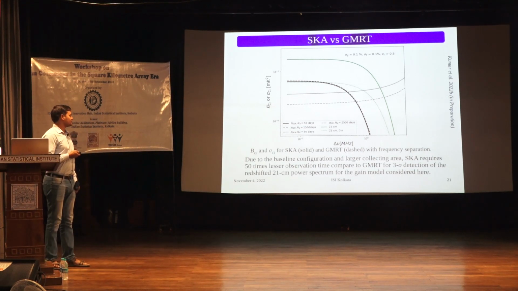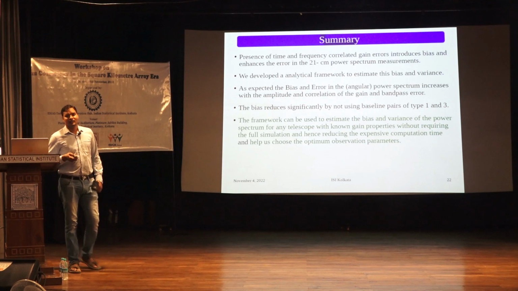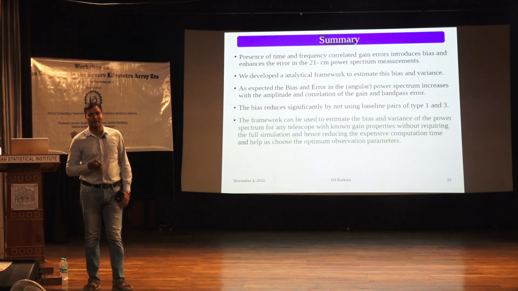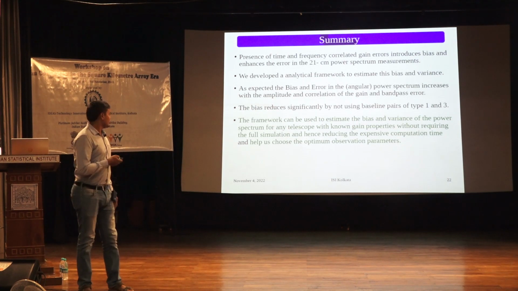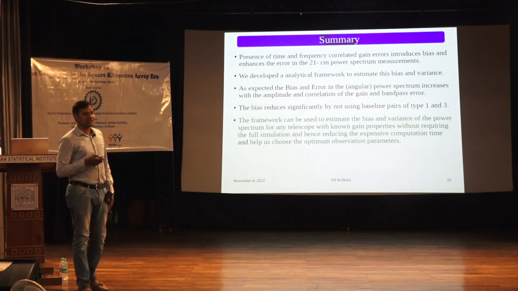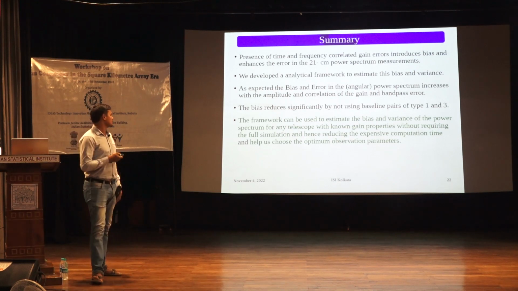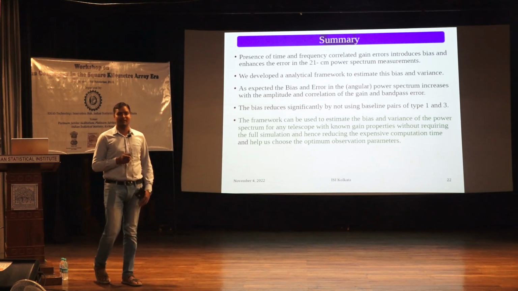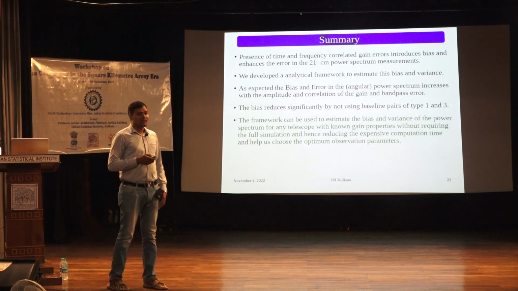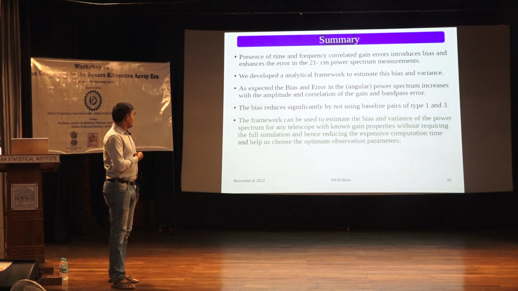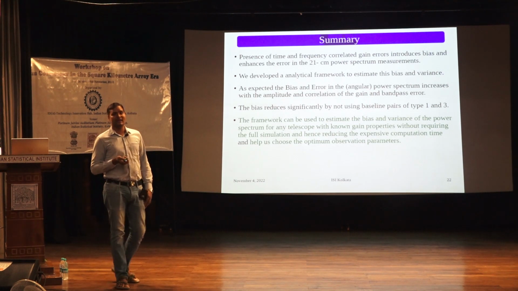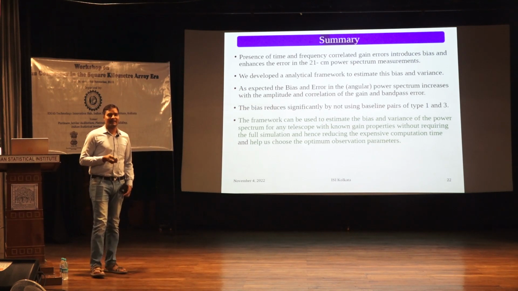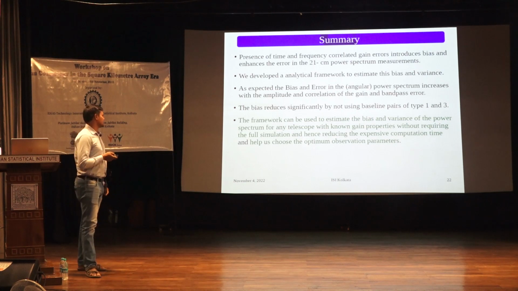This is basically due to the baseline configuration of SKA1 low and its larger collecting area compared to GMRT. To summarize, the presence of time and frequency correlated gain errors introduces bias and enhances the error in power spectrum measurements which use visibility correlation based estimators. We then developed an analytical framework to estimate these bias and variances. As expected, both bias and error in the power spectrum will increase with increasing amplitude of the gain errors as well as the correlation of these gains.